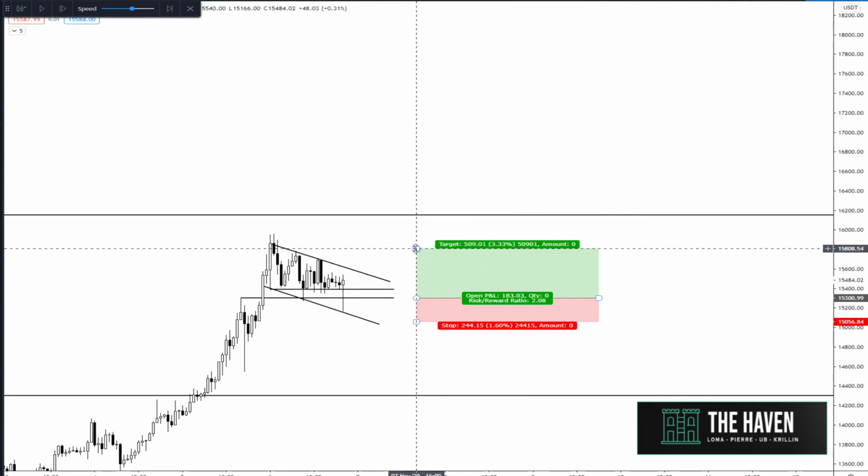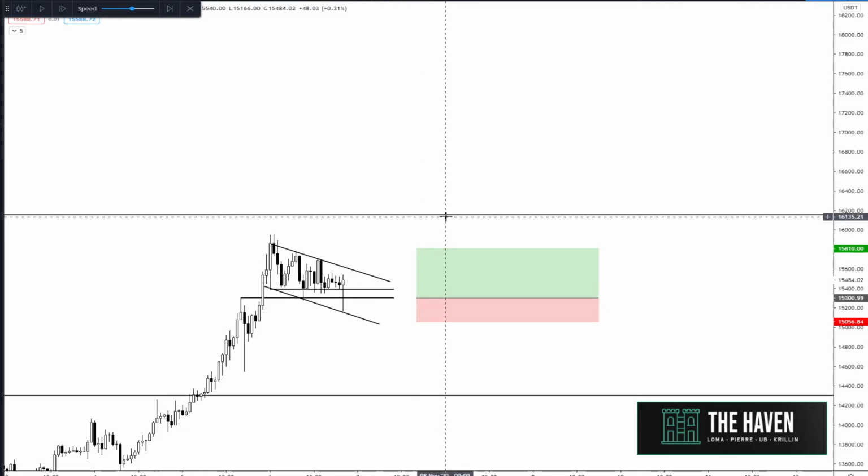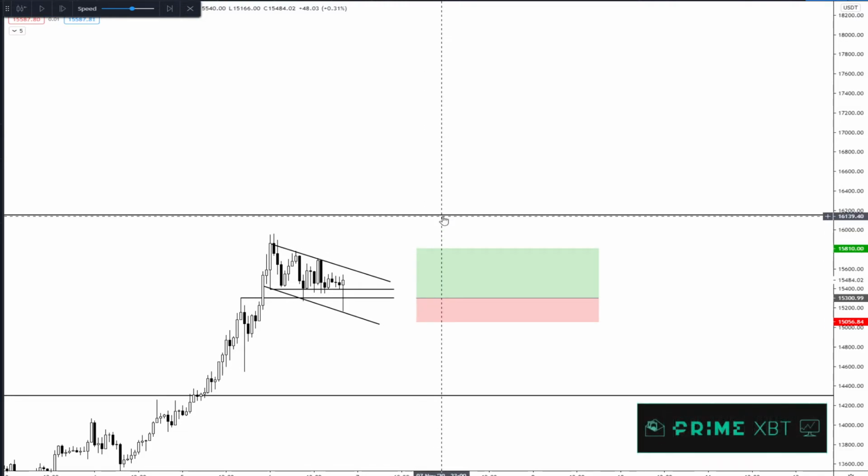Okay. Second take profit is 16,121, which is a daily resistance, and the next take profit is 16.4. So the tricky thing we are facing now is we don't really have too much chart history for long take profits.